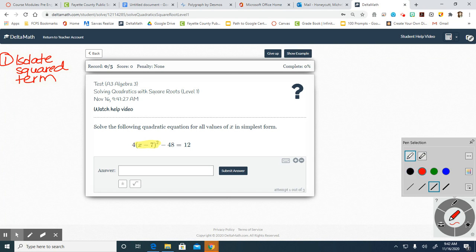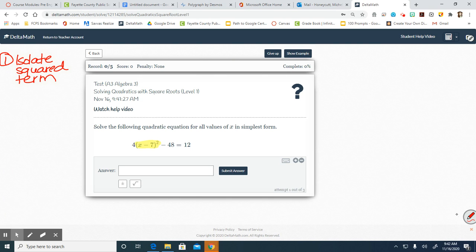So if I want to isolate it, then that means I need to add 48 to both sides. So plus 48 over there, plus 48 over there. Then I'll do my work here. I'll have 4 times x minus 7 squared equals, and 12 plus 48 is 60.